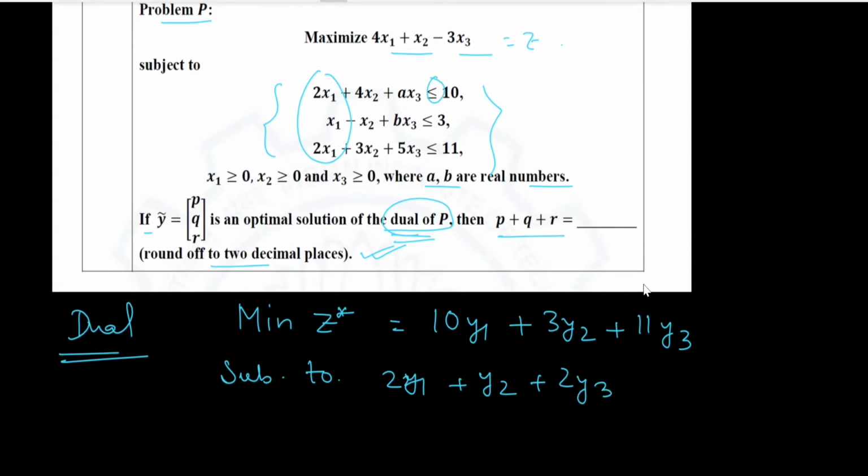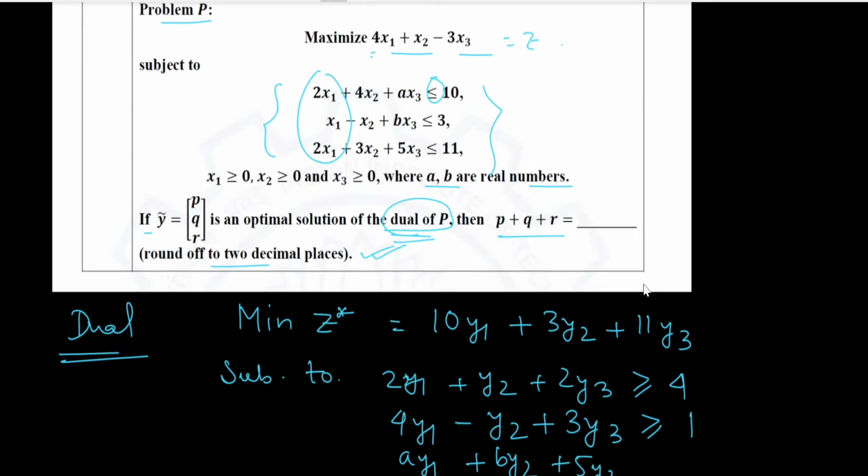Since the primal is less-equal type, this is the greater-equal type, and the first is c1, that is 4. Then 4y1 minus y2 plus 3y3 is greater equal to 1, and the third constraint is ay1 plus by2 plus 5y3, which is greater equal to minus 3.